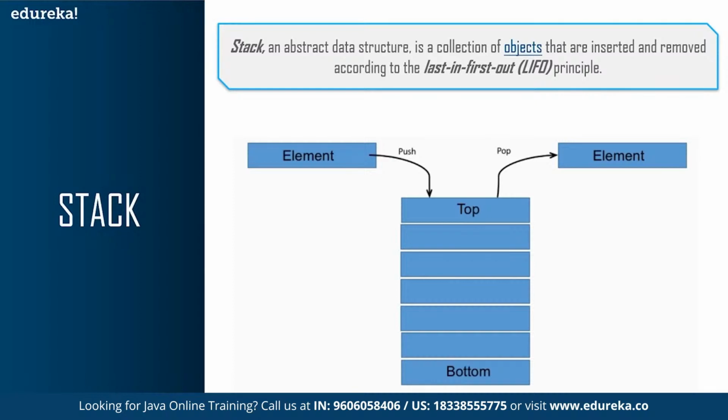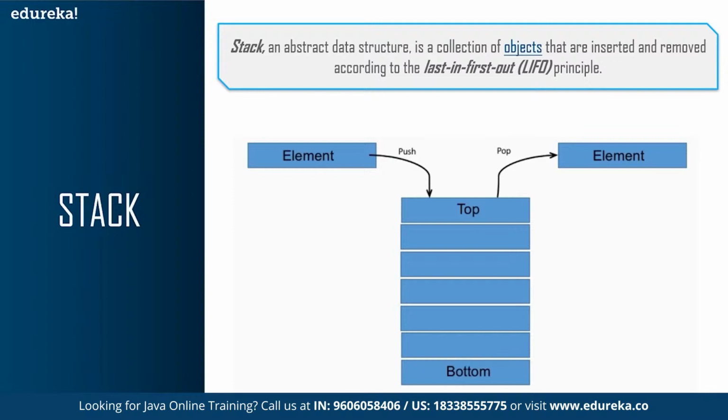You can see here, this is a bottom element and this is a top element. When you push an element into the stack, it goes on top. And the last element, that is the top element, can be popped out. Once the top element is popped out, the next element available in the stack can be popped out. But the bottom element cannot be popped out first. Understood? So this is how it works.